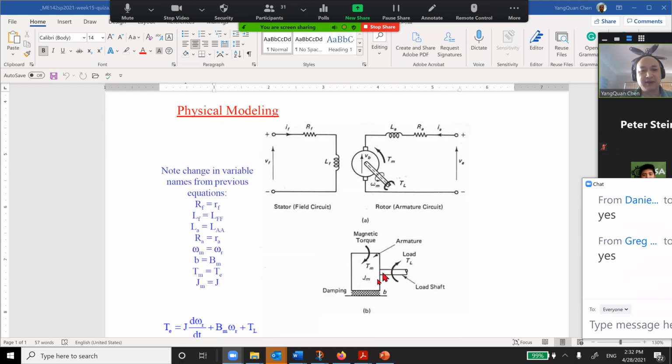You also have damping because you are rotating, so you have a resistive torque. We're going to explain this figure. It's called the equivalent circuit for a DC motor system.